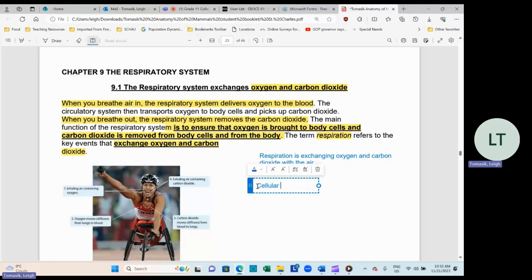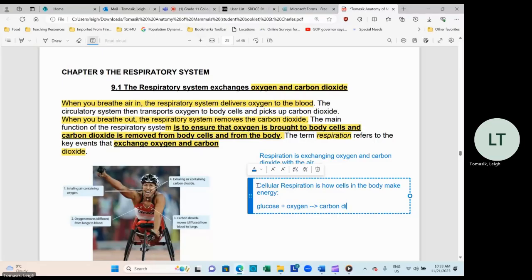Cellular respiration is how cells in the body make energy, right? So we have glucose plus oxygen makes carbon dioxide and water and ATP.